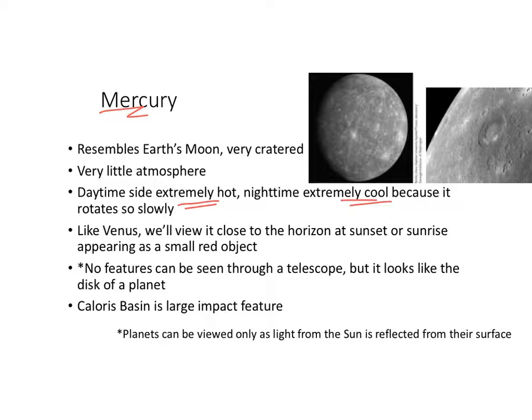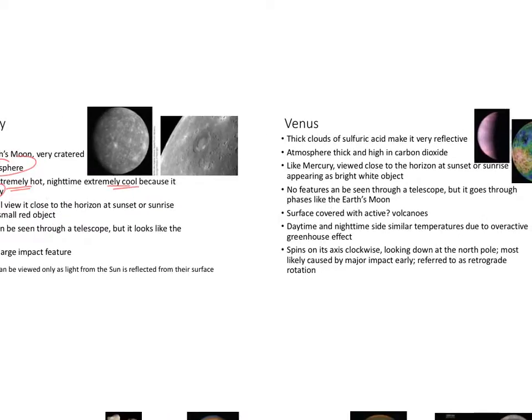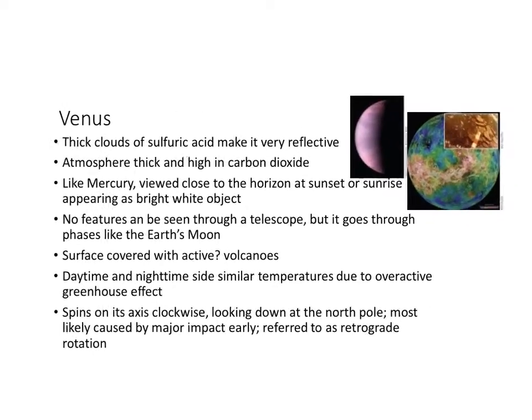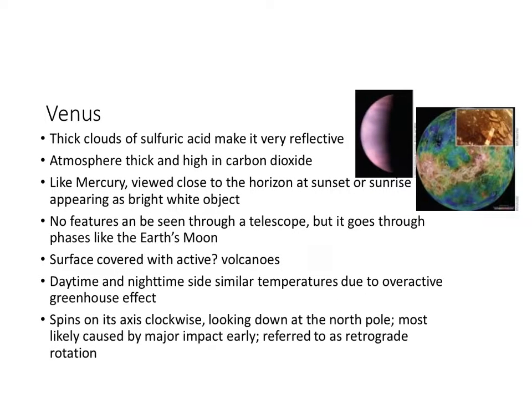One is that it basically has no atmosphere to trap its heat, and the other is that it rotates so painfully slowly. Then I have Venus, thick and deadly clouds, and actually the gas in Venus's atmosphere that makes it so hot is carbon dioxide, but its clouds are actually condensed sulfuric acid.